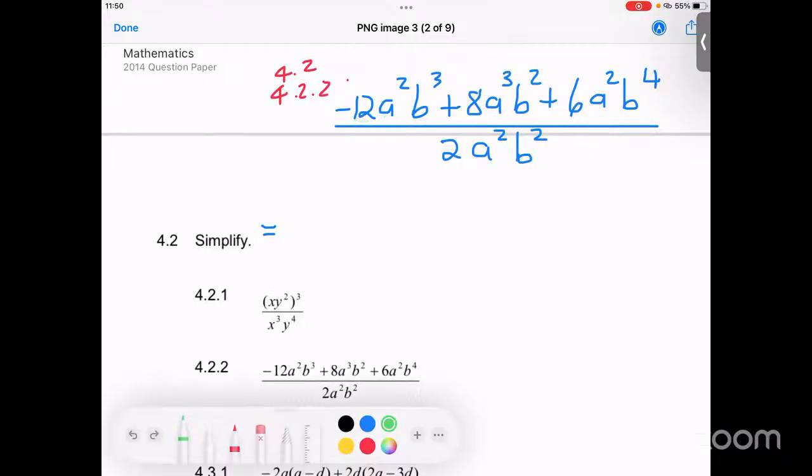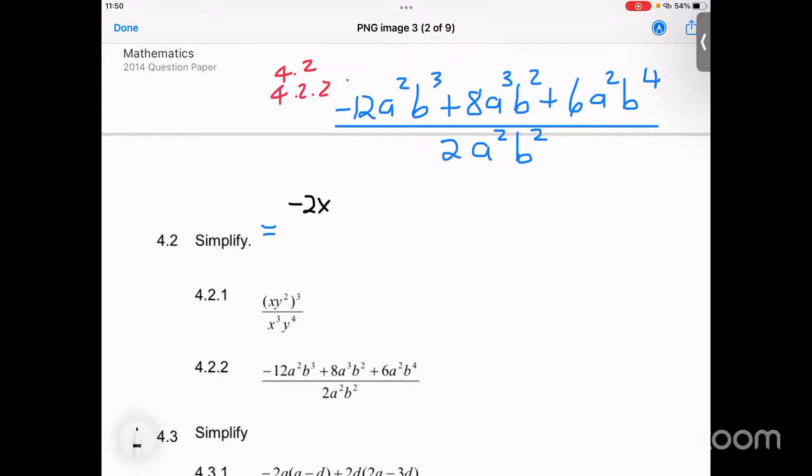So what exactly are we going to do? We can just say the 12 is the same as negative 2 multiplied by 6. And then in terms of the a's, we do have a squared. And then in terms of the b's, you can say it is b squared multiplying the third b.